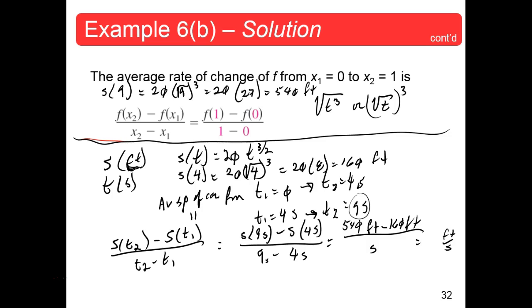And then what's 9 minus 4? 5 seconds in the denominator. Take a little bit of effort here, not a lot. That would be 380 feet divided by 5 seconds, and that would be 76, is that right? Feet per second. Does that make sense?